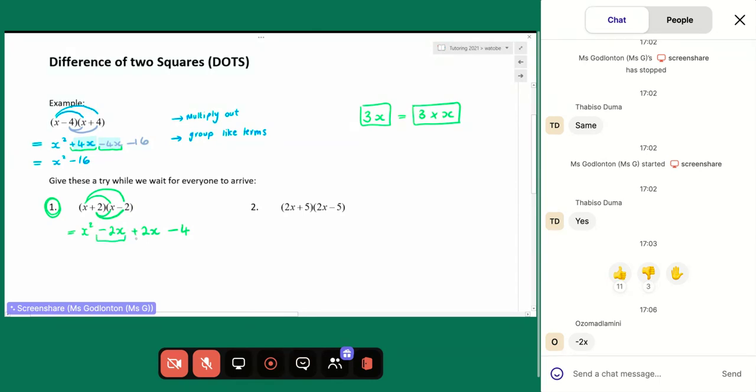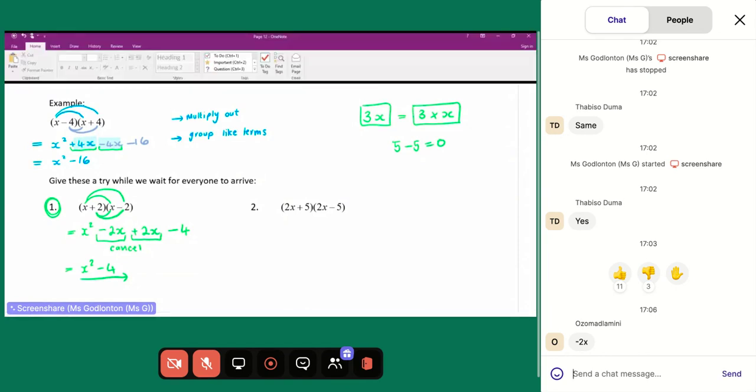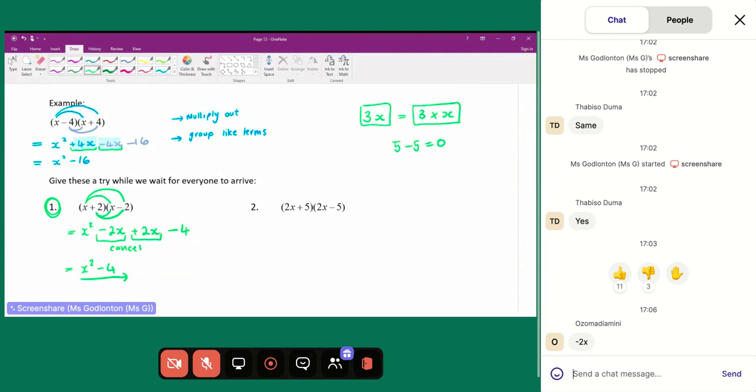This -2x and this positive 2x cancel each other out, because that's the same as saying 5 minus 5, which is 0. So it cancels, and I'm just left with x squared minus 4. Well done for trying. That was a tough question.